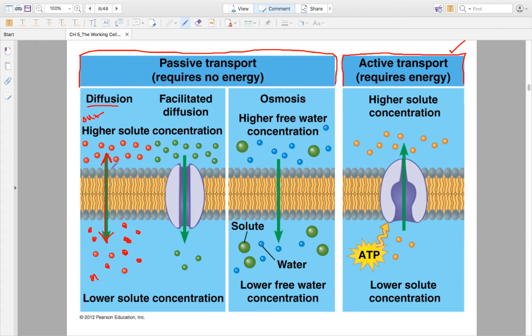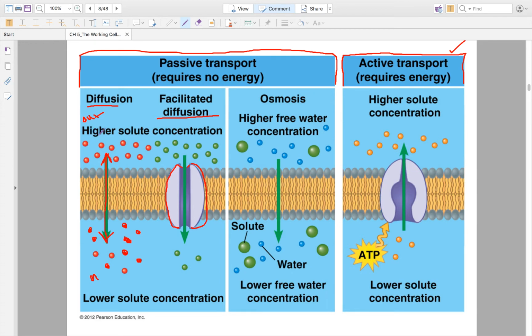Next, what if something can't actually pass through the membrane, like an ion, for example? It's going to need something called facilitated diffusion. A good way to remember it is that it needs a facility to diffuse, and the facility is this protein. But it'll follow the same laws.